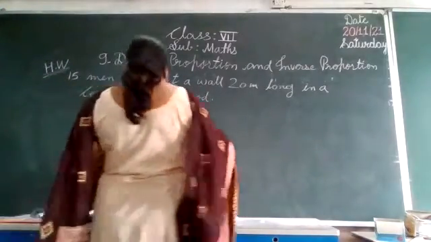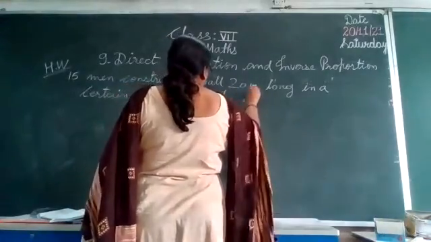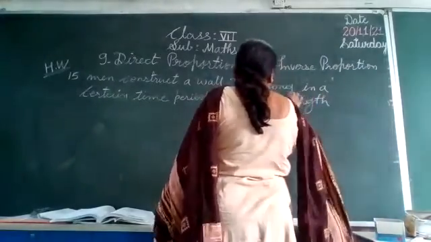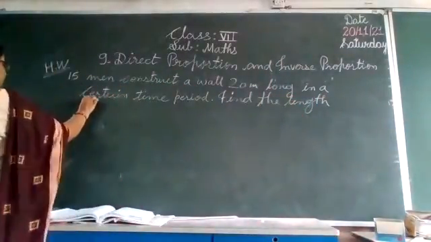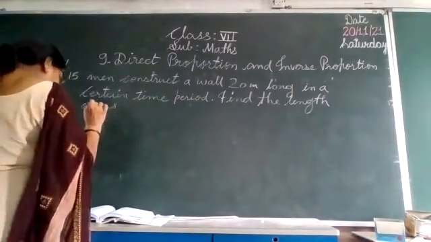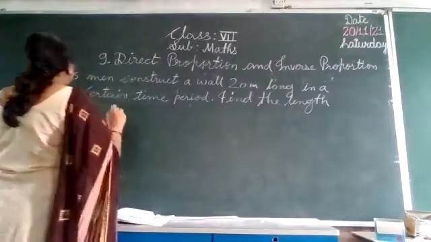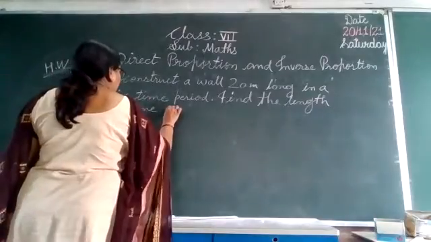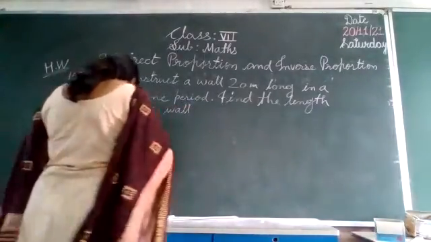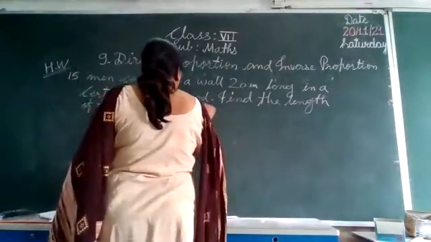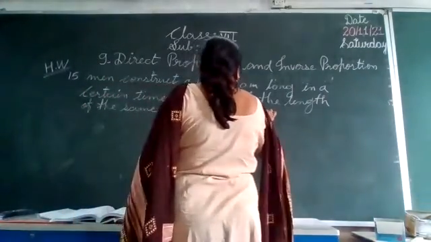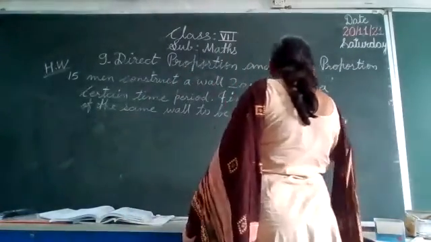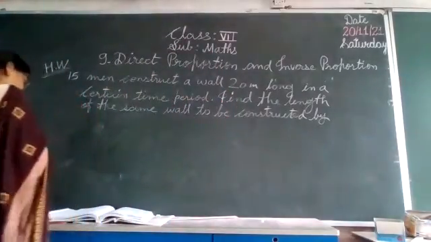Find the length of the same wall to be constructed by 12 men in that period.